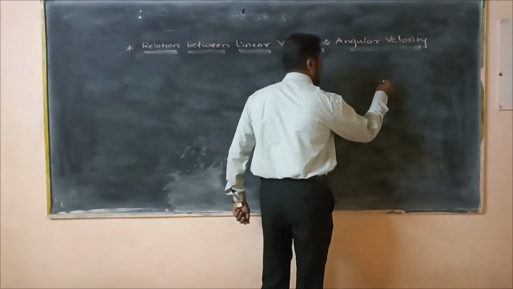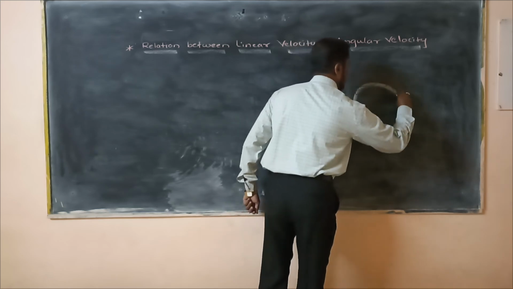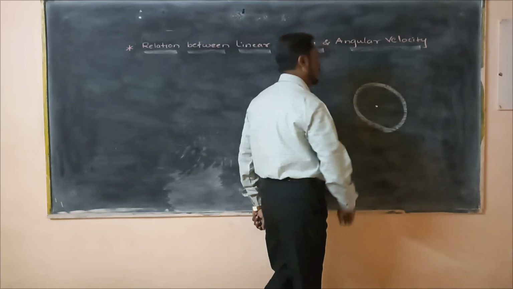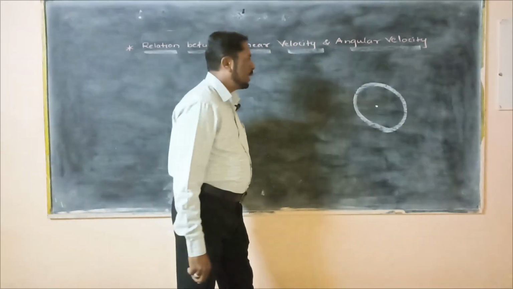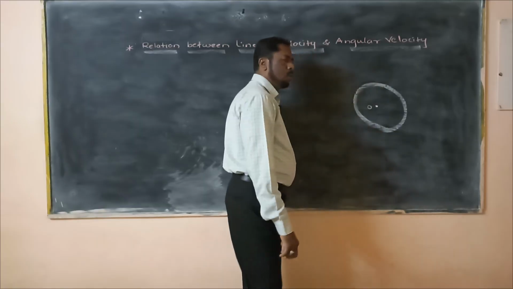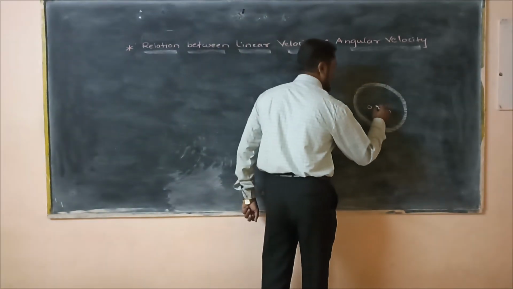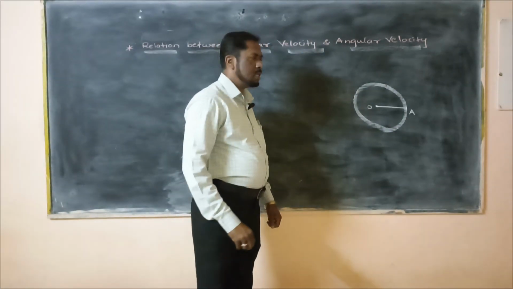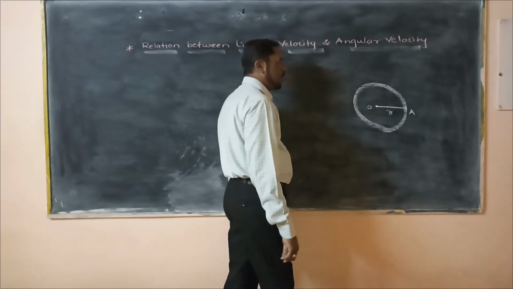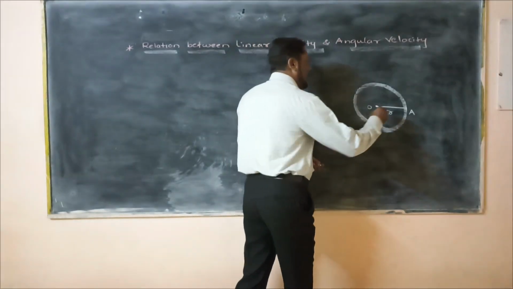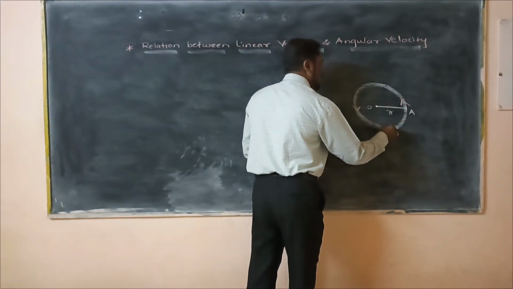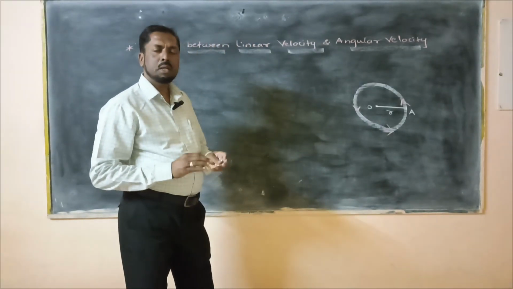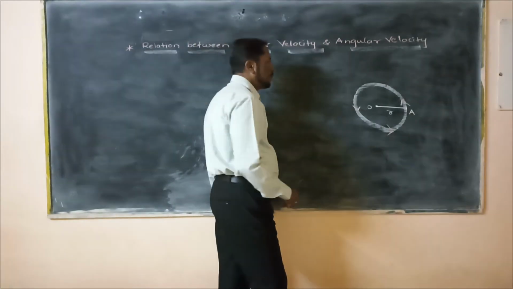Let us consider the following diagram. To understand the relation between linear velocity and angular velocity, consider the diagram in which O is the center, and from the center a particle A is situated at a distance r. It is moving in anti-clockwise direction, performing uniform circular motion.